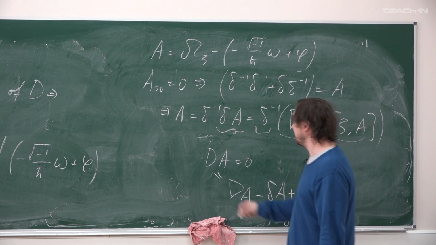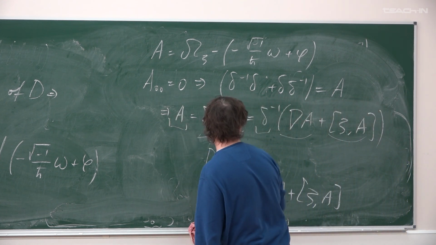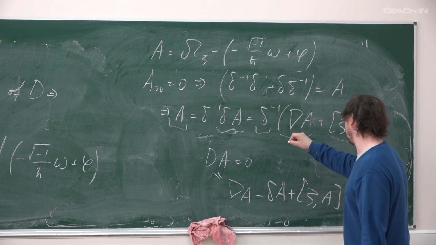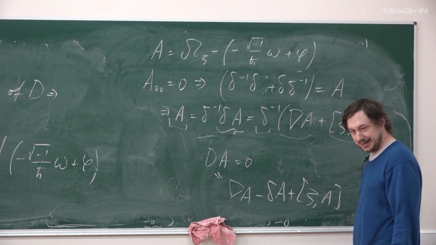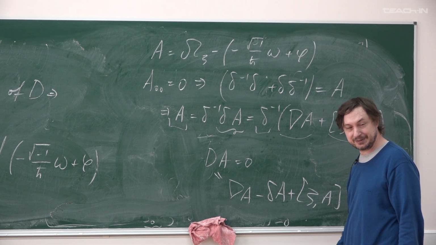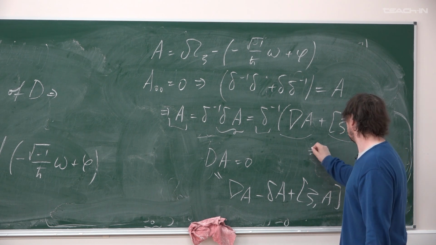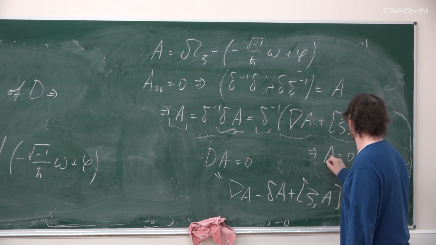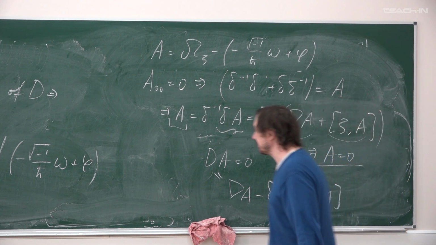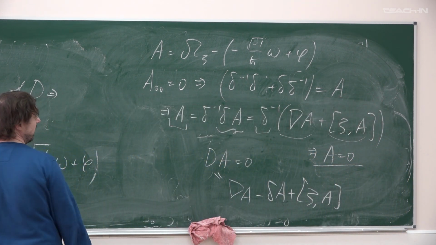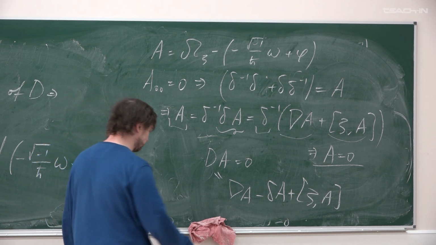So we see that the gradient of A is greater than the gradient of A. And that can only happen when A is equal to 0. And that's what I promised. It's precisely the formula we wanted.